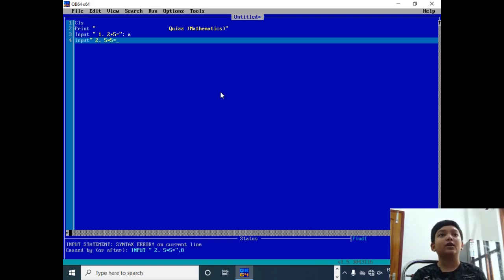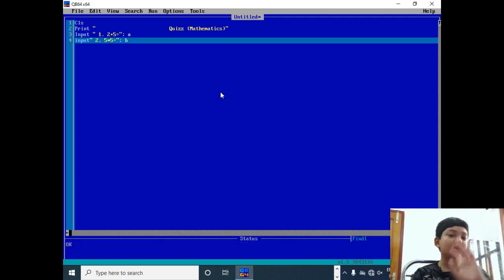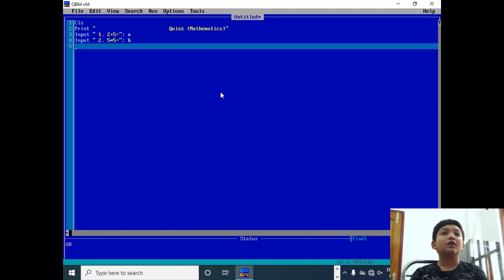And suppose this is B. I am giving 5 questions only. Input, then 3, then some minus: 9 minus 6 is equals to. Very simple sum, don't worry, I am not making you solve hard ones. Now this is C.